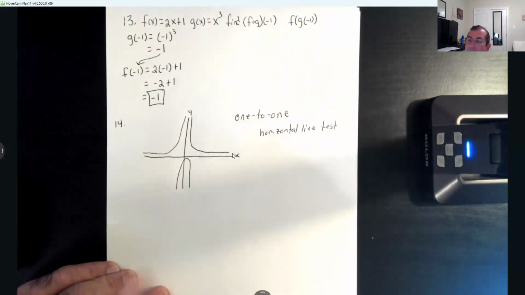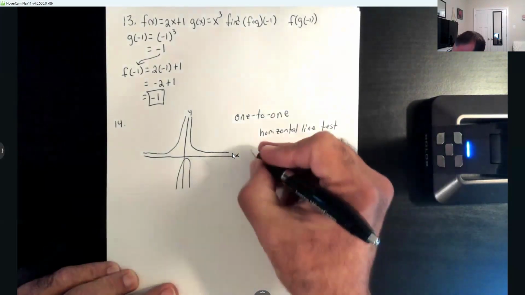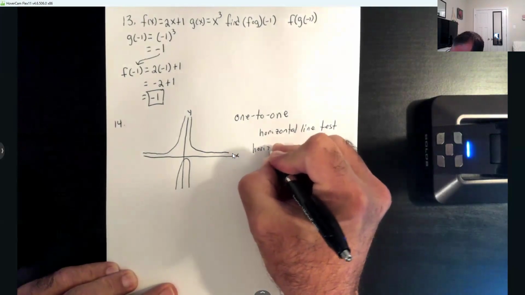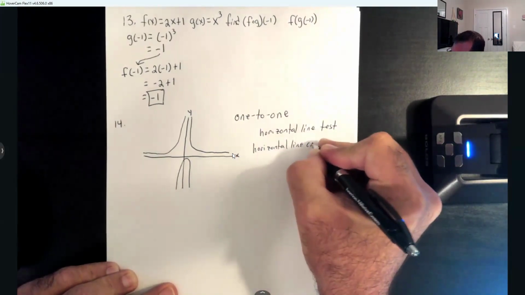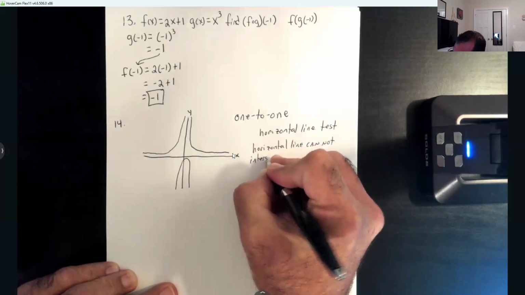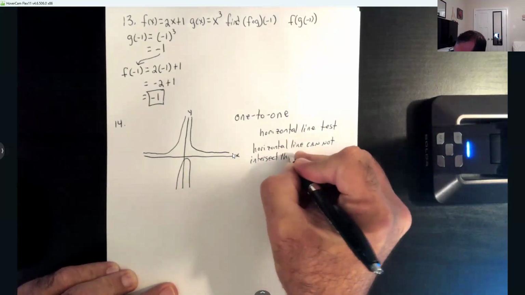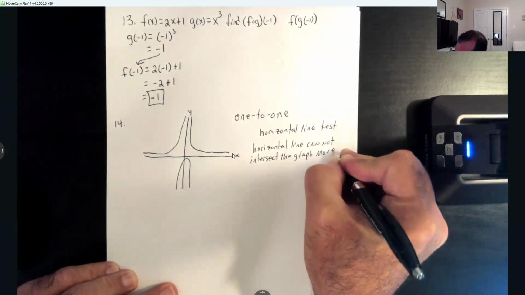And that means to be 1 to 1, a horizontal line cannot intersect it more than once. So the horizontal line cannot intersect the graph more than once.